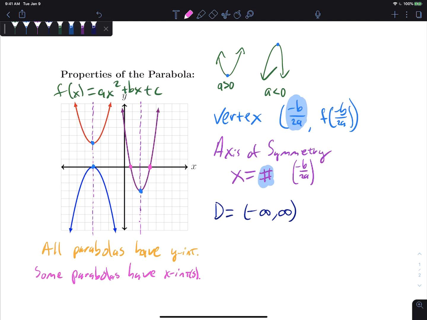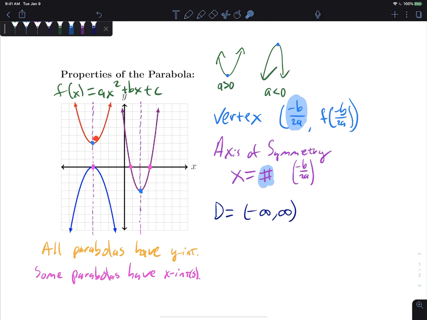And for the blue graph, there's only 1 x-intercept, and that 1 x-intercept happens to be the vertex. And so if you only have a single x-intercept, that single x-intercept will always be the vertex itself. In other words, the y value for the vertex will be 0.